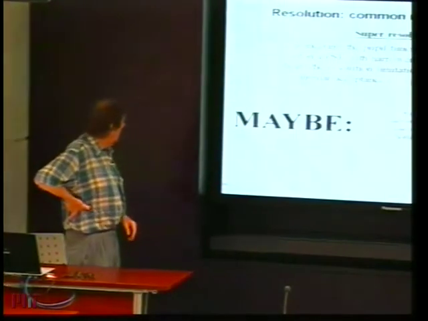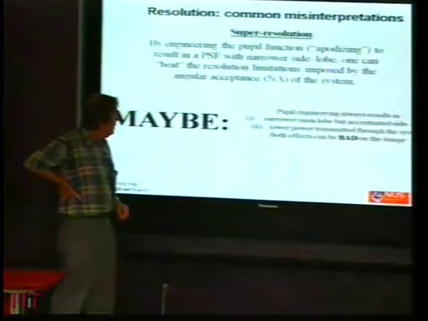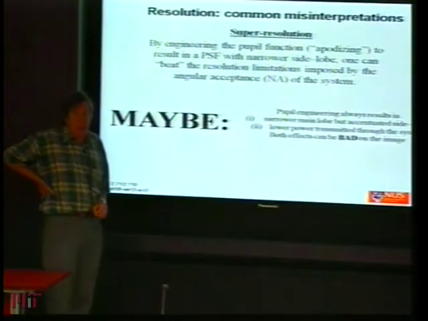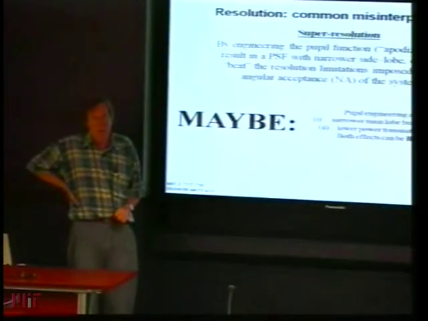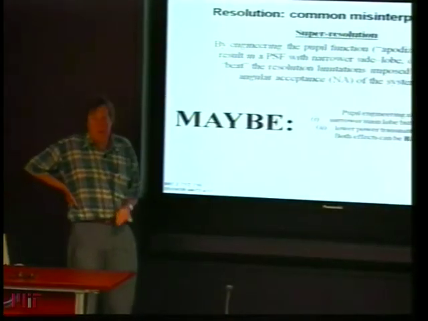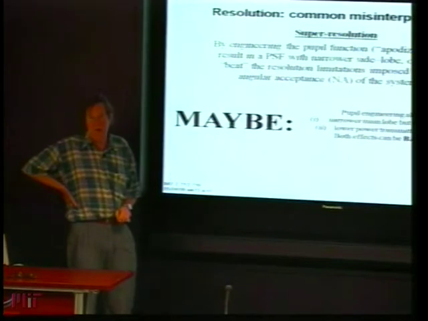And then there's this other word, super resolution. Super resolution means basically getting better resolution than you're supposed to, i.e. beating the Rayleigh diffraction limit. And various ways have been proposed for doing this. And until recently, I guess most of them were pretty unsuccessful.